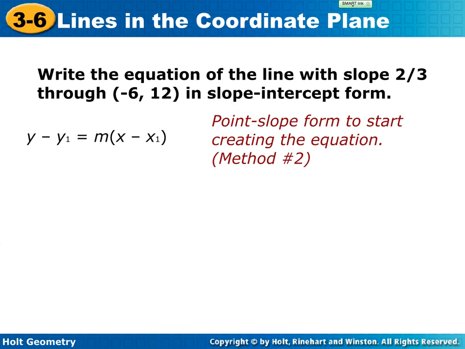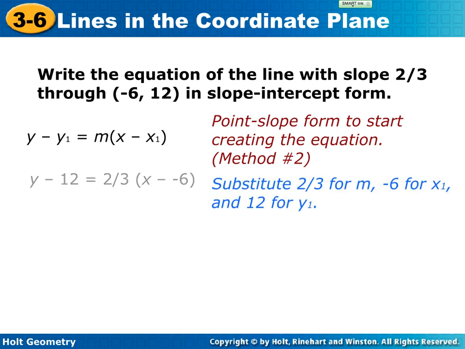You have a point and you have a slope. How to simplify that? Subtract negative 6 to a positive, to a plus. Distribute your 2/3.